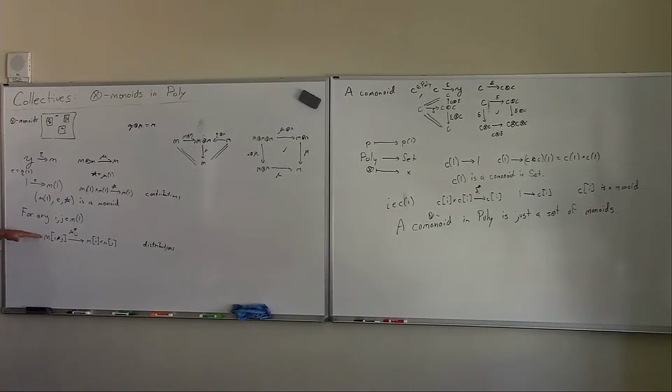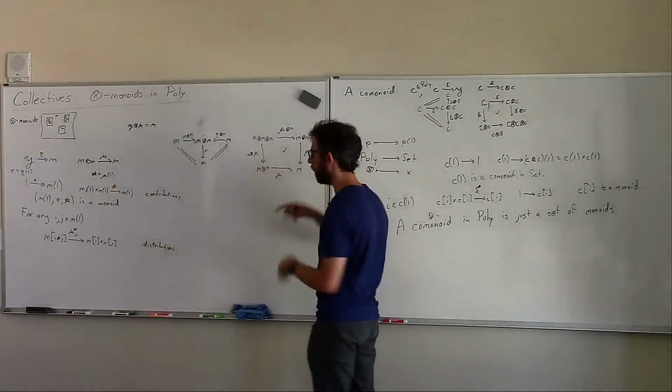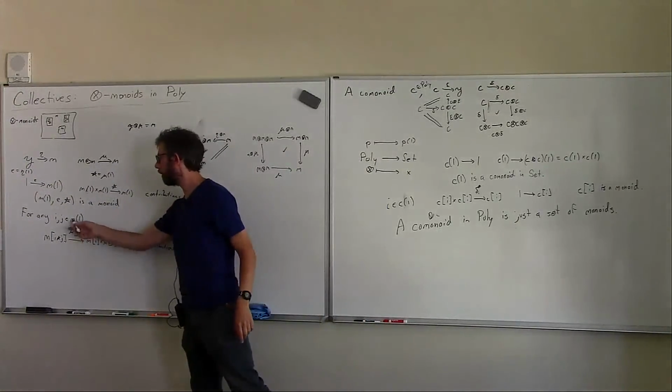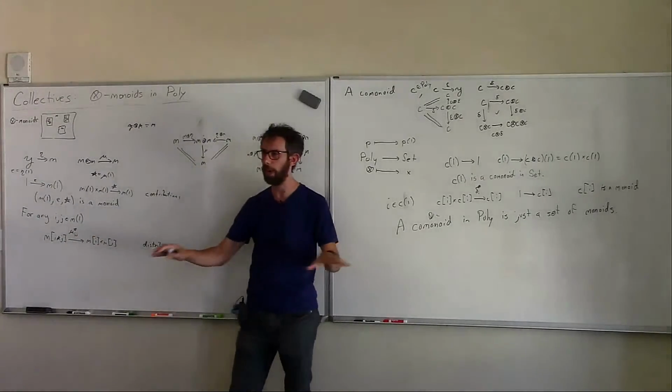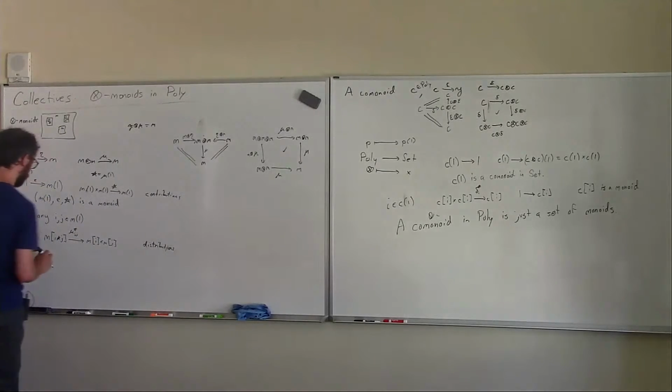Okay, but the weird thing is, we said what's going on on positions, but on directions, what do these satisfy, this distribution law? Like, what is it? And also, it's really annoying, or at first it was very annoying to keep track of the two factors of this thing. Because this distribution thing gives us two factors. So I want to show you the notation that I use.